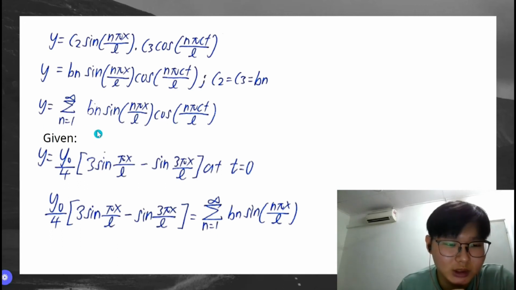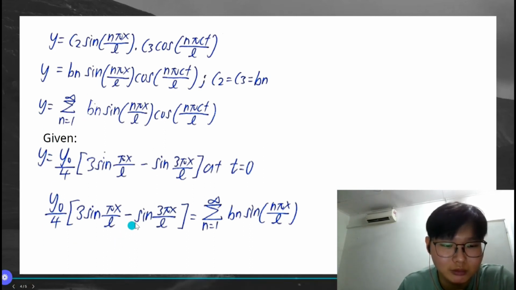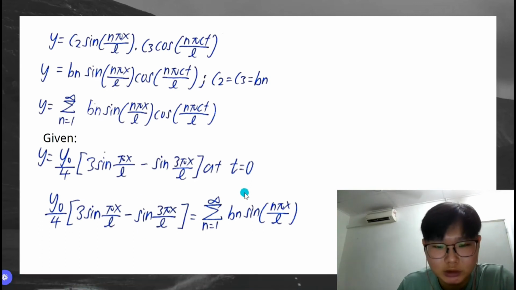As before, y equals y naught divided by 4 multiplied with this at t equal to 0. So we can just use this equation to find our Bn here. We will get y naught divided by 4 with the other on the left side. So we compare with them.